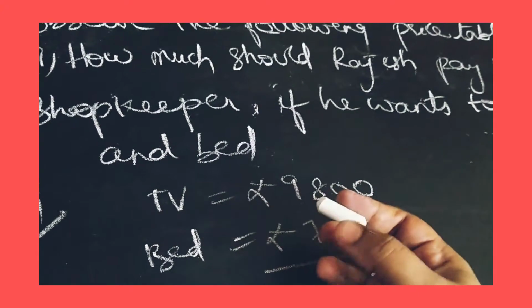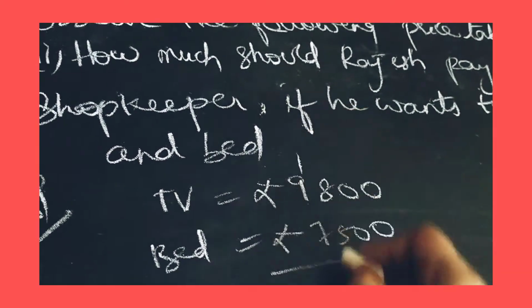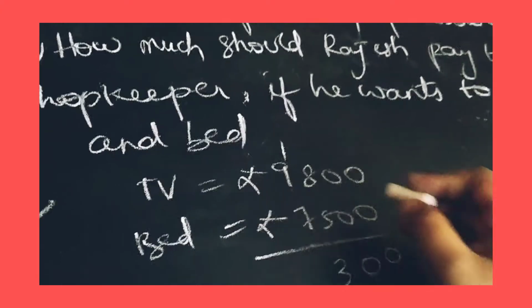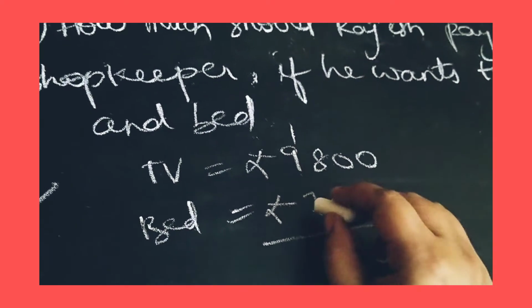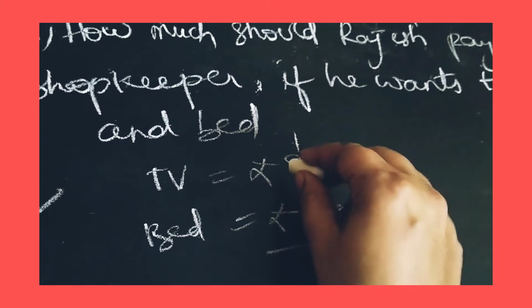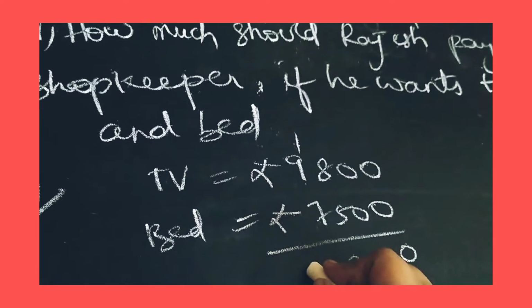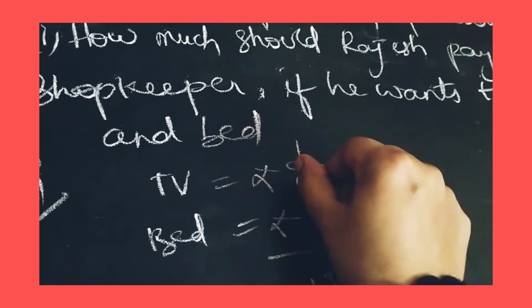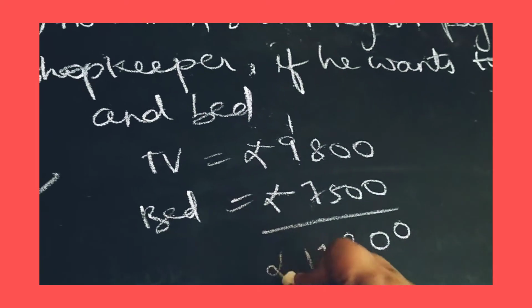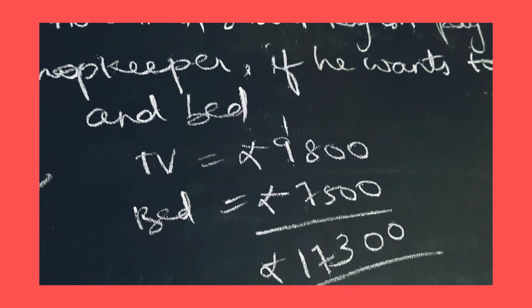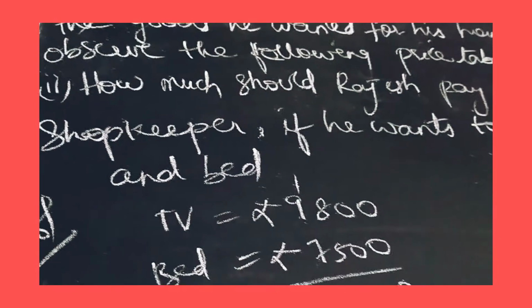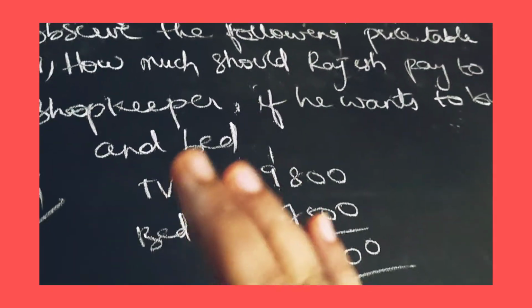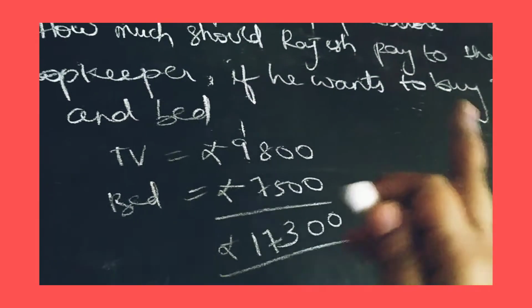Okay, 8, 9, 10, 11, 12, 13. 1, 3 again. Okay, 7, 8. 8 plus 8 is 16, plus 1 is 17. Okay, so 7 plus 1 is 8. 8 plus 9 is 17. It is rupees 17,300. Okay, so how much should Rajesh pay to the shopkeeper?